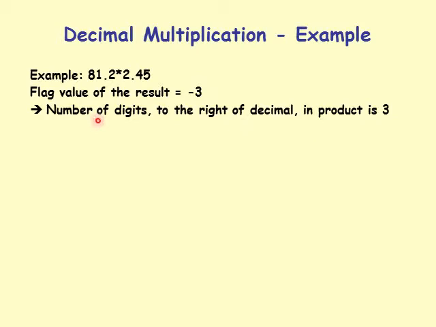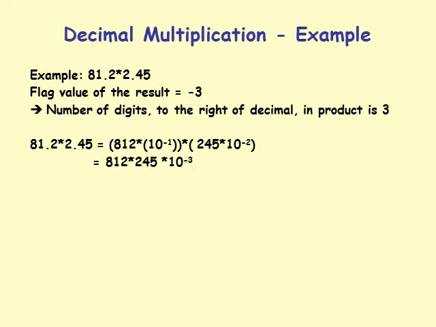The number of digits of the product to the right of the decimal point must be 3. So 81.2 times 2.45 is 812 times 10 to the negative first power times 245 times 10 to the power negative 2, which is 812 times 245 times 10 to the negative third power.